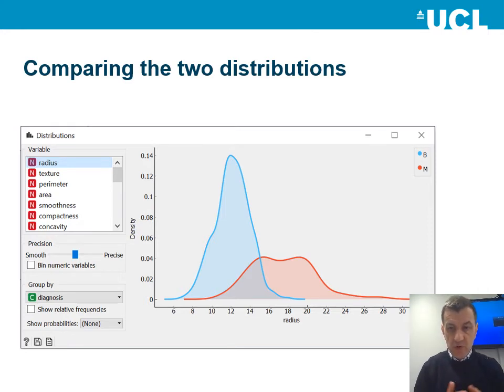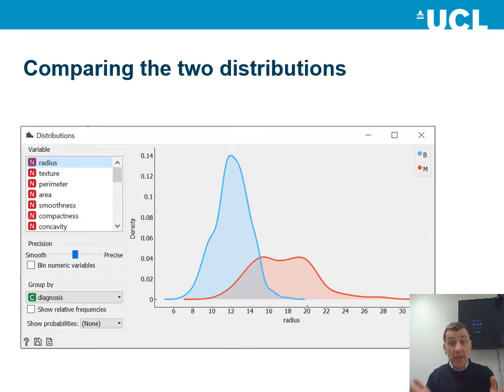Your task as the machine learning analyst is to find a way of classifying the instances on the basis of their feature vectors, so that you can identify the benign and malignant cases, and then apply your classification to new data, predicting for somebody whose outcome isn't known whether they're going to have a benign or a malignant tumor.